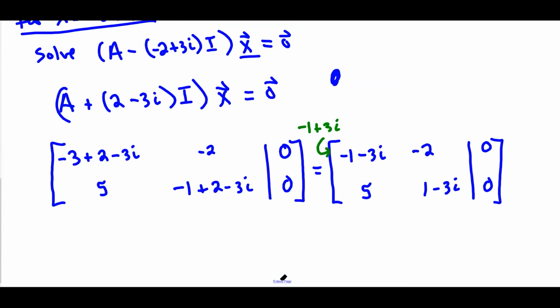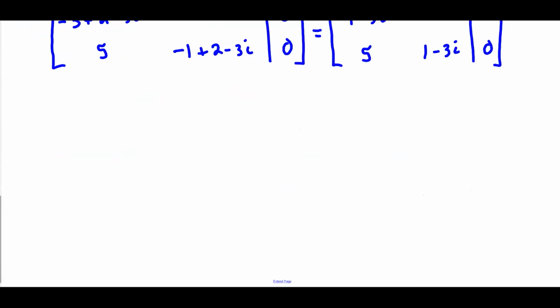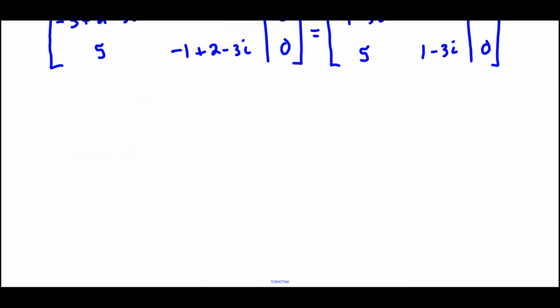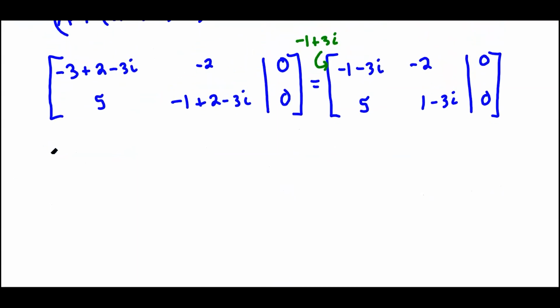And for that first component of the first row, we're going to have to foil it out. So -1 times 1 is -1. And then I've got plus 3i minus 3i. Those are going to cancel out.